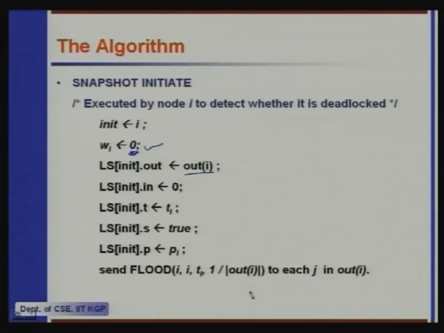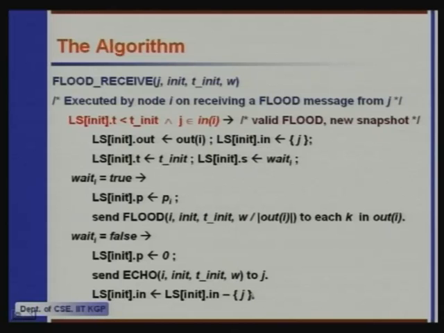Right. Now, let us see flood receive. What does a node do when it receives a flood message from j? So, there are several cases here. The first case is when ls init dot t is less than t init.